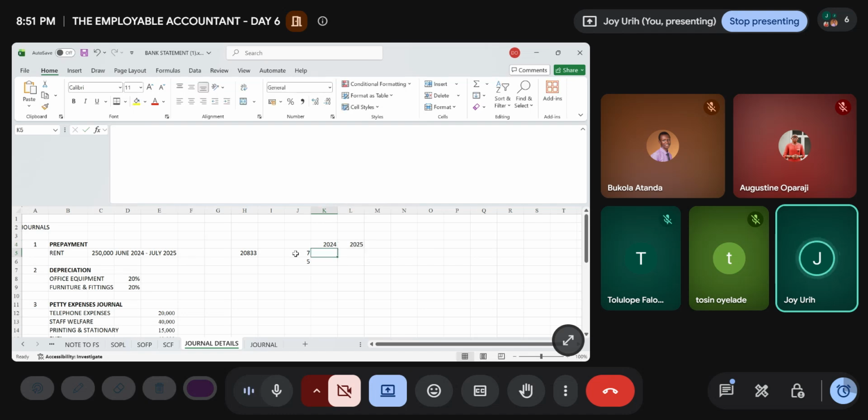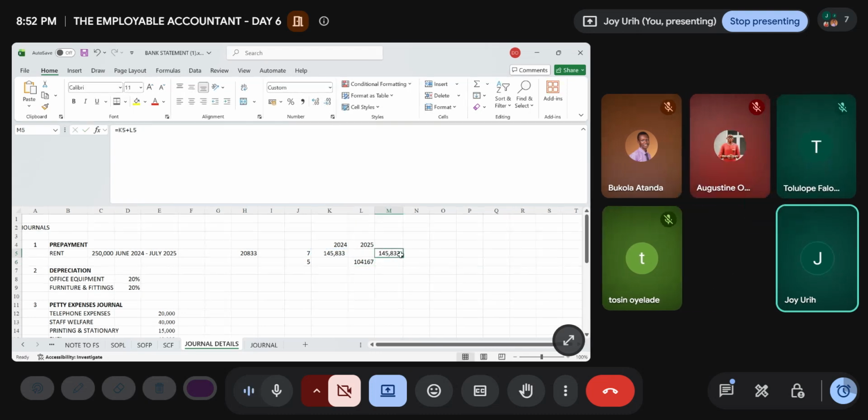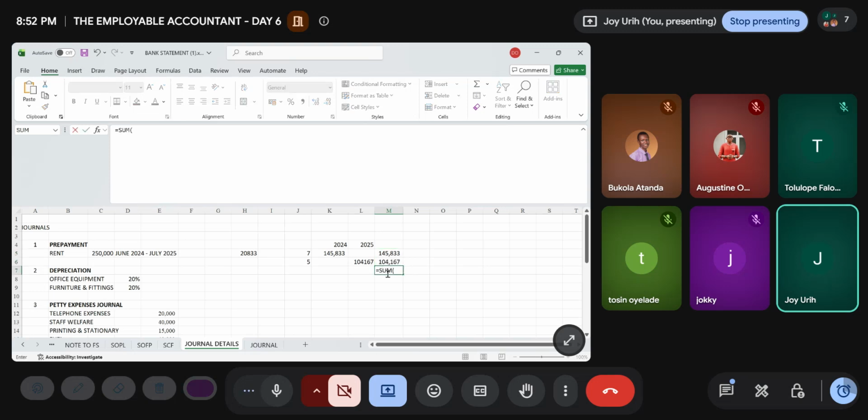In year 2024, what we do is multiply the monthly rate of the rent times the number of months, which is this. And in 2025, we have 5 months, the monthly rent multiplied by the number of months. So at the end of the day, when you add the two together, it should give you 250,000. If it's giving you something else, then your calculation is wrong.